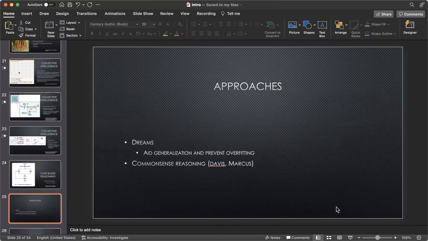I also mentioned common sense reasoning, which really wraps around. There's an excellent paper in the Communications of the ACM by Davis and Marcus, which reviews the field of common sense reasoning. It looks at all the stuff that we talked about, qualitative process models and things like that.